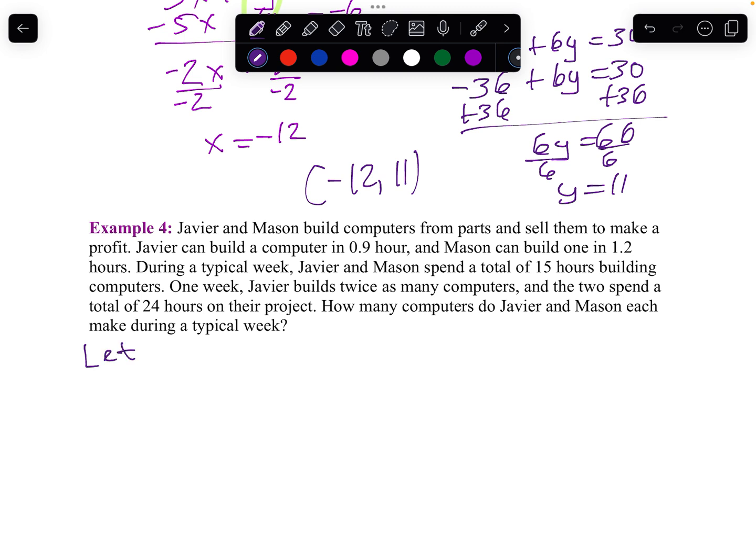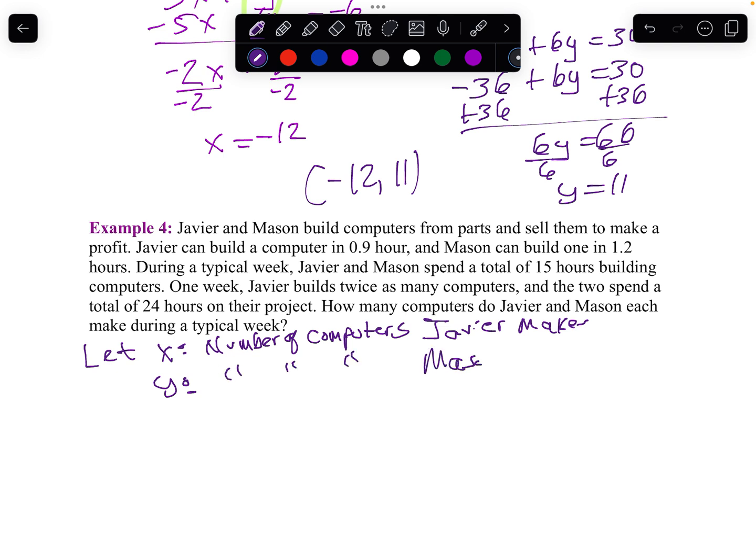We're going to let X be the number of computers Javier makes. And we'll let Y be the number of computers Mason makes. We're going to write two equations, one for each week.